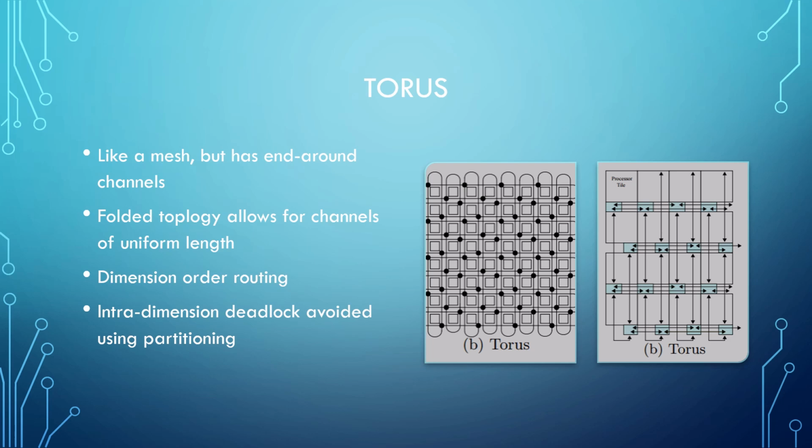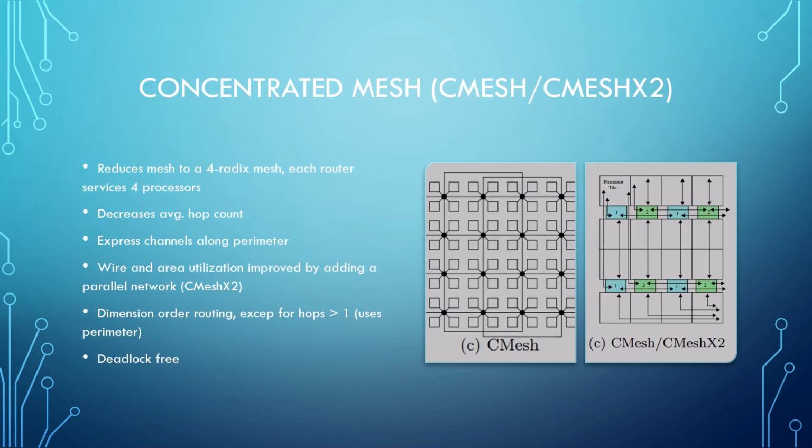We'll move on to the next one, which is concentrated mesh, C-mesh. This is an important topology in the paper. It's a reduced mesh, reduced to a 4 radix mesh. We can see each router has 4 ports as opposed to 1 port each. It decreases the average hop count because there are fewer routers in the network. And there's also an additional express channel path.